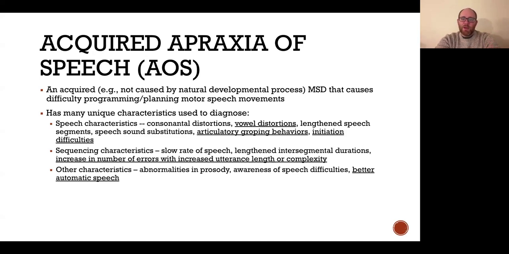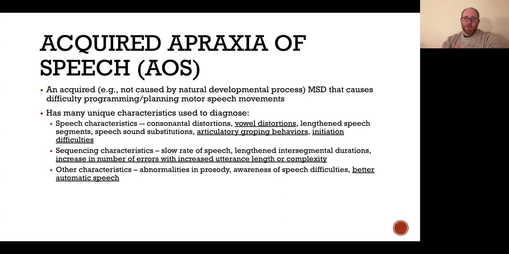I have a video where I can show you what that looks like in a little bit. But essentially, outwardly, it looks like the person's really trying to think hard about what they want to say, and they're groping, trying to figure out where they need to put their articulators to get that sound out. They can also have initiation difficulties. Like I said, some people have a challenge transitioning from not speaking to the act of speaking, like I just did there.